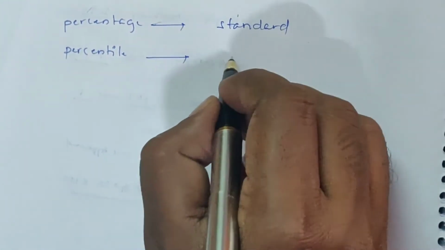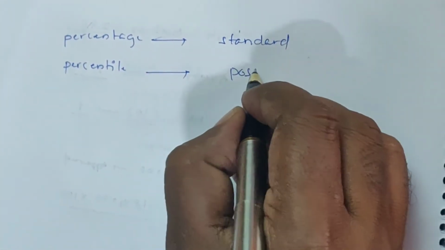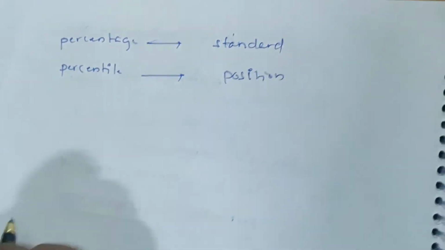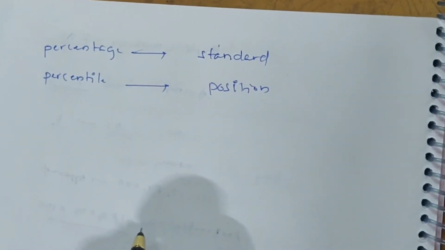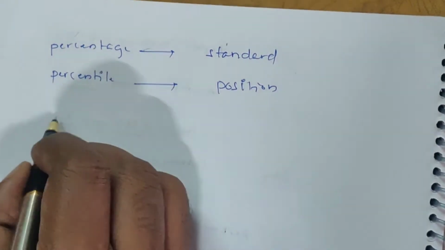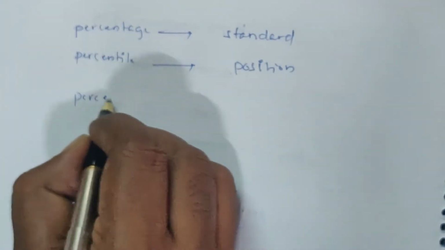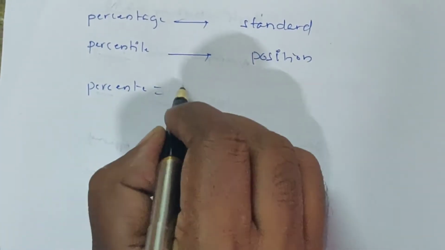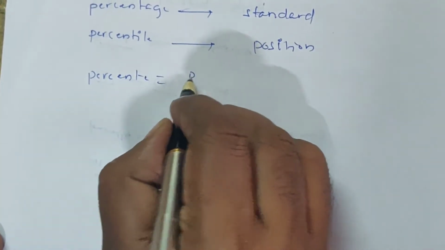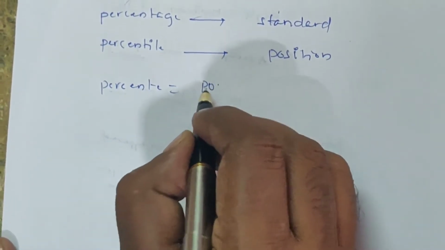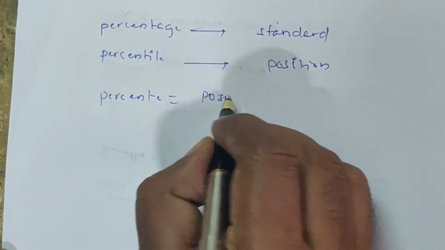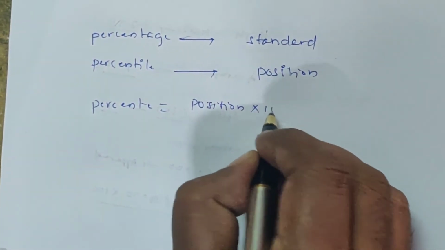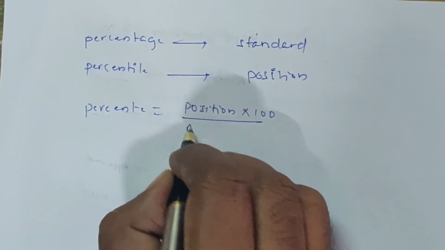The percentile gives position, meaning your position among the candidates. Percentile equals position into 100 divided by appeared.